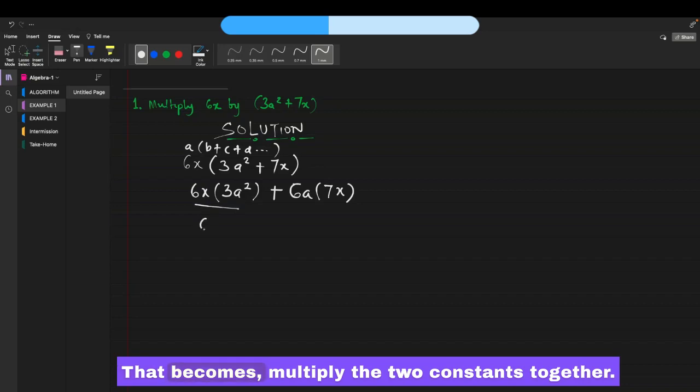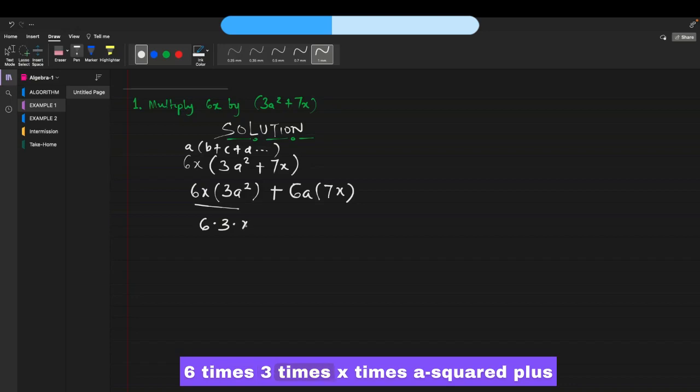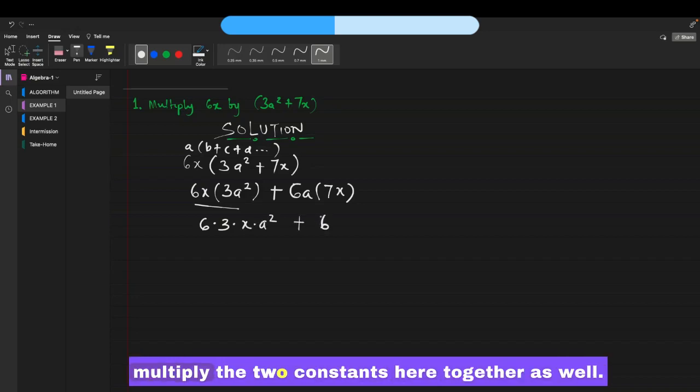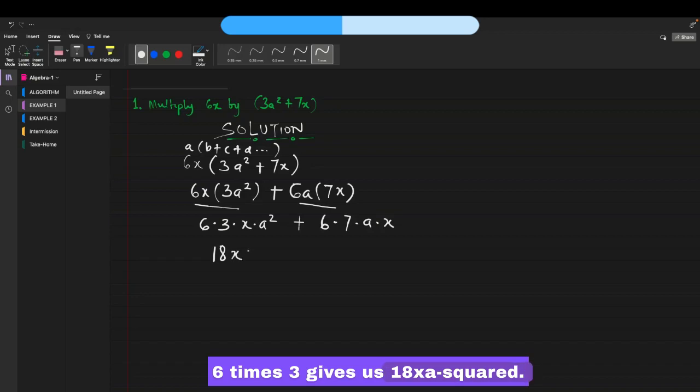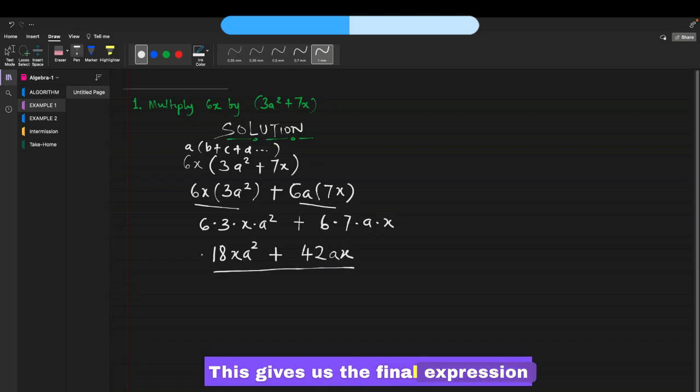That becomes, multiply the two constants together, 6 times 3 times x times a squared, plus multiply the two constants here together as well, 6 times 7 times a times x times x. So now we simplify this. 6 times 3 gives us 18a squared x plus 6 times 7 is 42ax squared. This gives us the final expression.